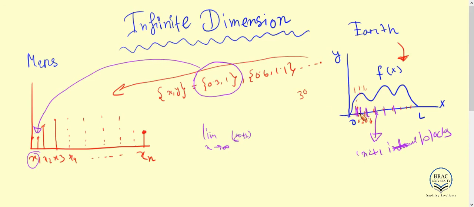That is, you have to take really small intervals, and then you have to send them back to Mars to your friend so that that person can construct this whole thing appropriately. So this will become possible only if you have an infinite amount of basis vectors. So that's why in infinite dimensions our vectors are functions. I hope this motivates you on why we are calling the functions vectors in our infinite dimensions.